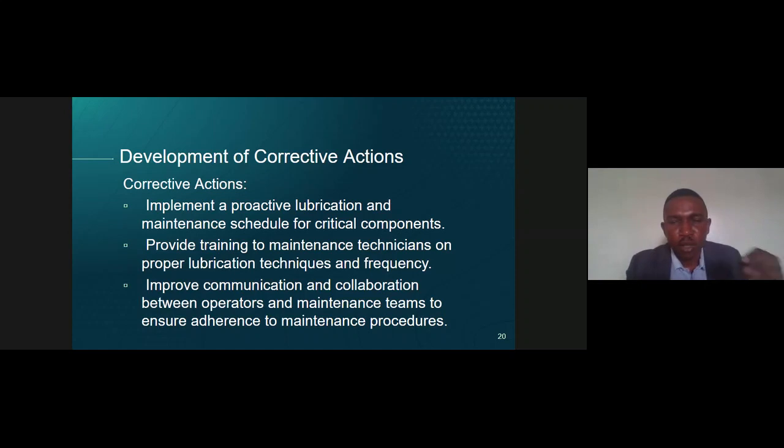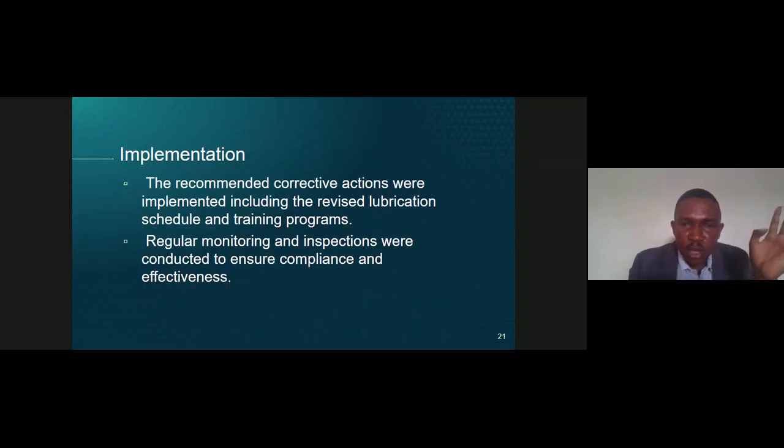But if there's no communication and no collaboration, then it's always a problem and the equipment will fail. Most organizations actually have this problem, blaming each other. Sometimes the operator says, I did this, and the maintenance person says, no, you did not do this. That should not be. It should be an organization that fosters collaboration and effective communication for us to carry out our root cause analysis effectively.